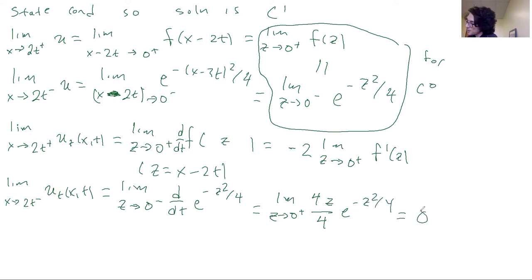Okay, so this implies that we need the limit as z goes to 0 from above of f prime of z to be equal to 0.